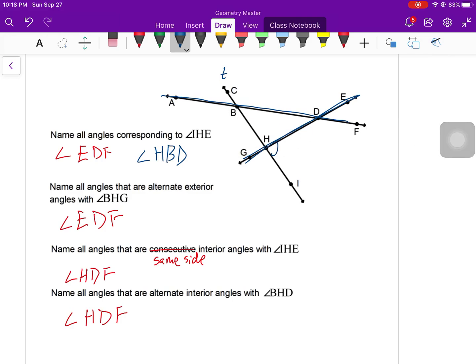Now, if I'm looking at the next one, angle BHG, BHG is right there. Name the alternate exterior angles. This angle is between the blue lines, so it's an interior angle, and there are going to be no blue angles.